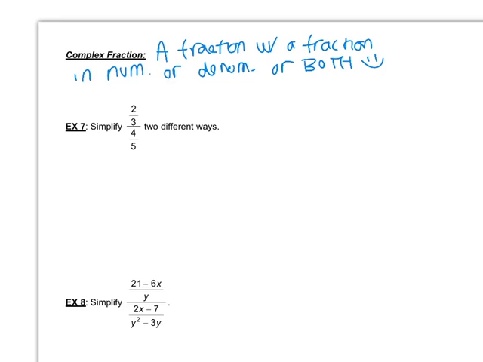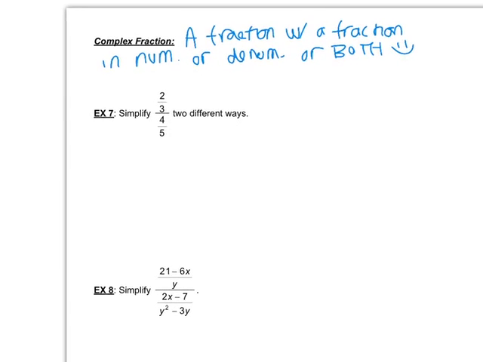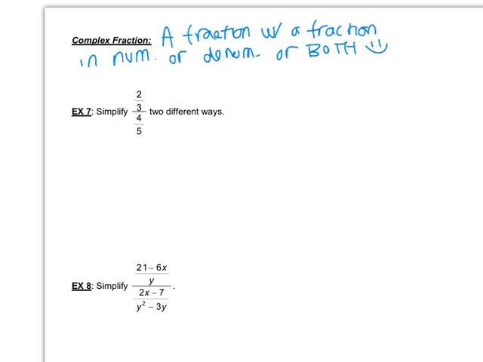There are two methods to do this. The first method would be to rewrite the numerator and denominator as one single fraction and then just multiply by the reciprocal, just like we saw on page 1. So in this case, it would be 2/3 times 5/4, which would be 10/12.